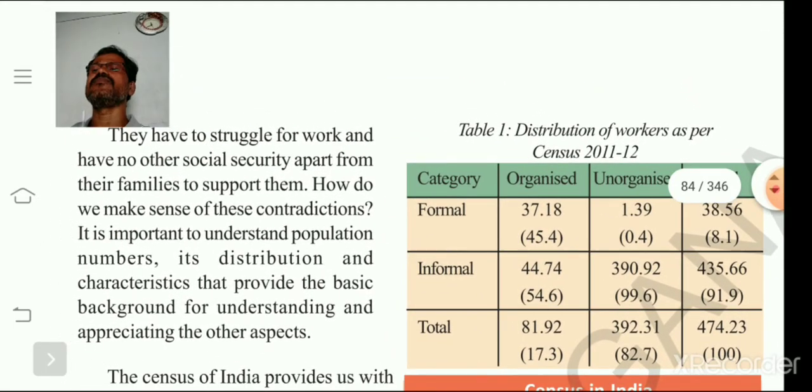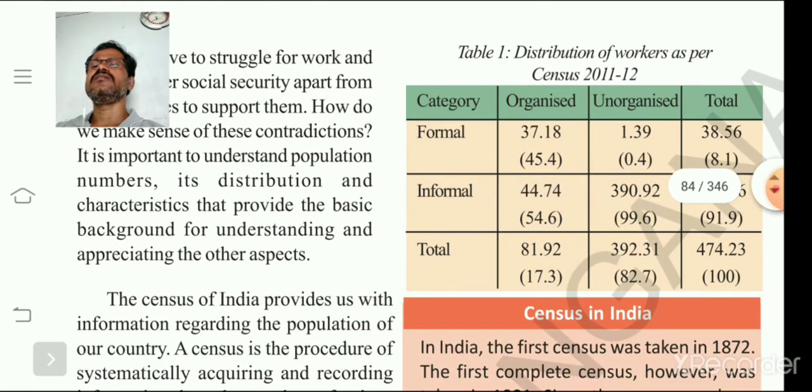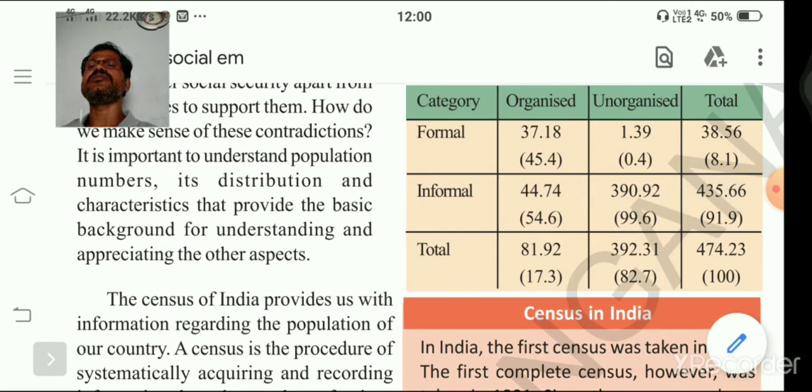Understand? So we have to think of all those things in population. Let us see the population, its distribution, its characteristics, and what aspects it has, right?